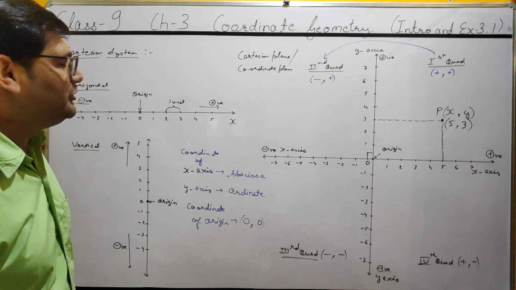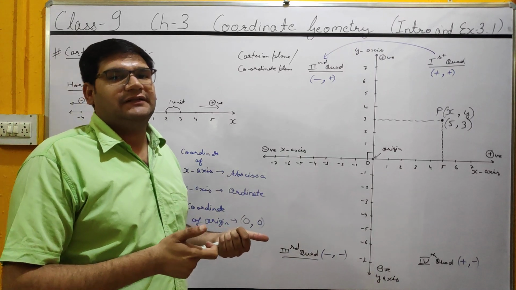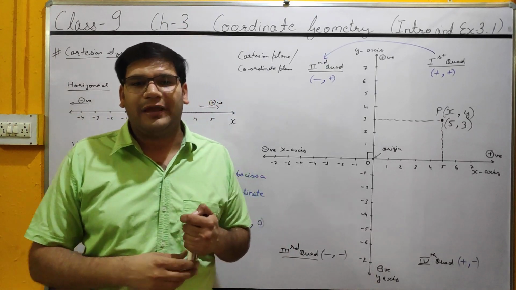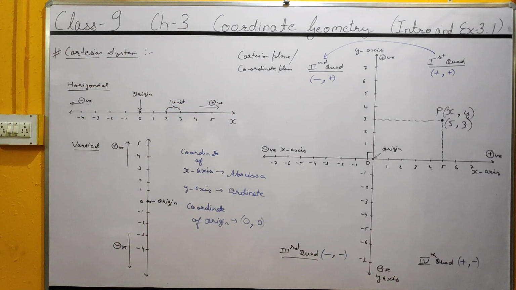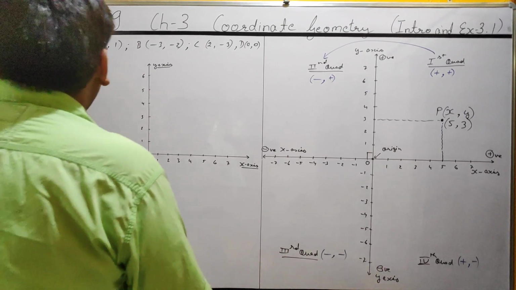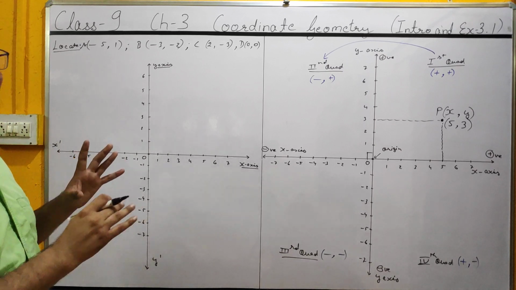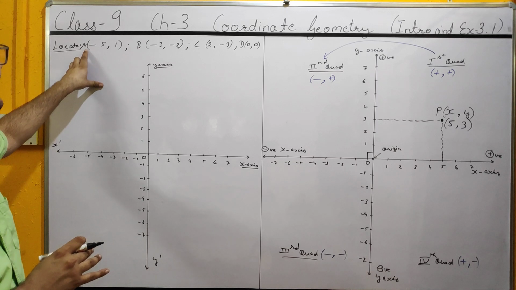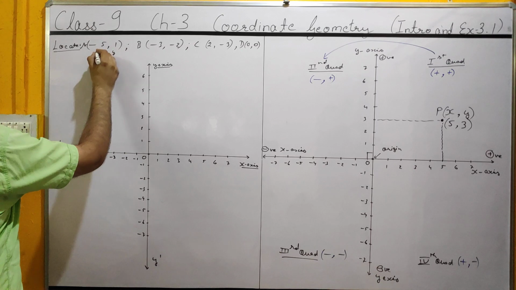So our next topic is how to locate the points and how to determine the coordinates. Now our topic is to locate points on a Cartesian plane. This is a Cartesian plane, I have already made it. Now locate, first of all, a point, that is minus 5, 1. My dear students, first is x and then second is y.